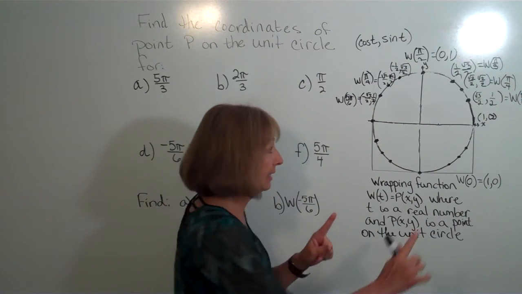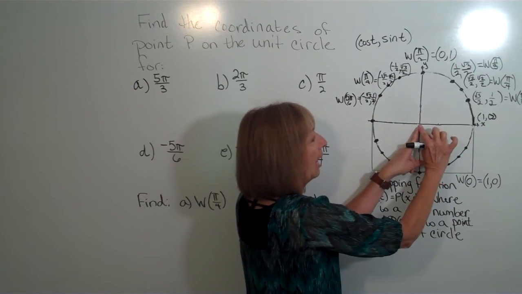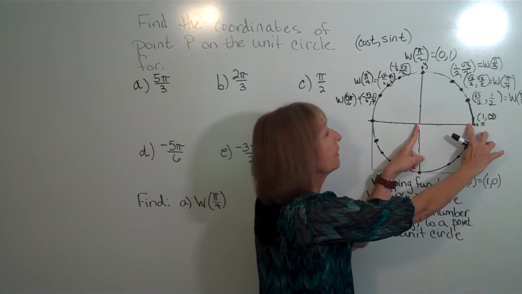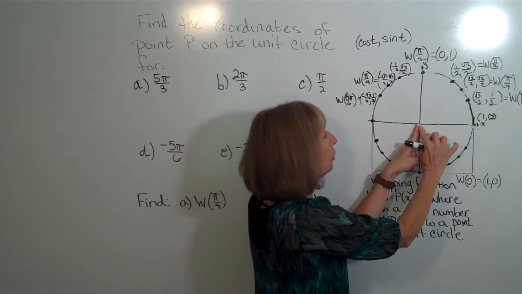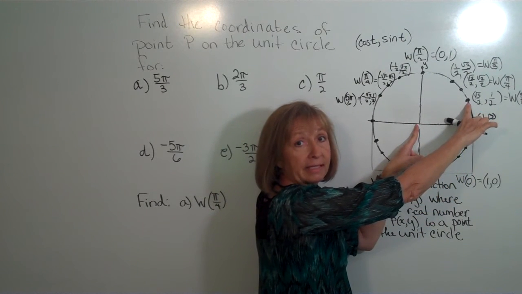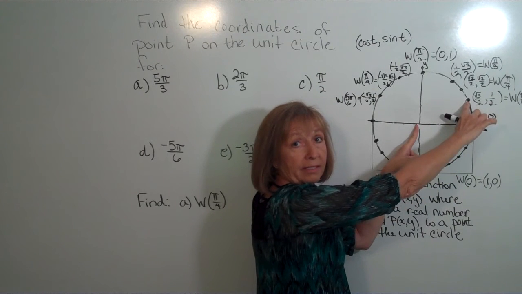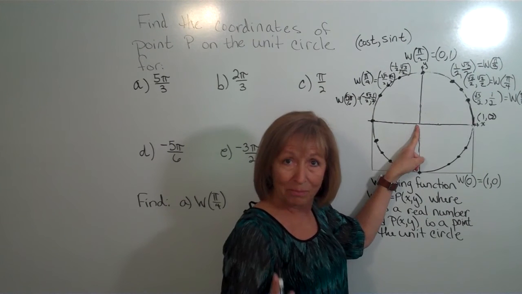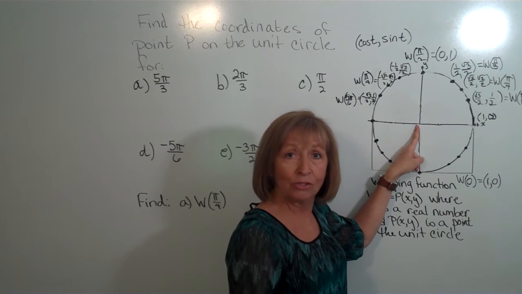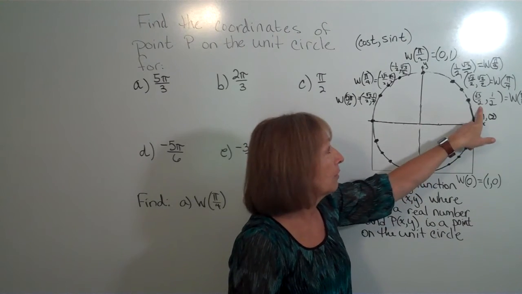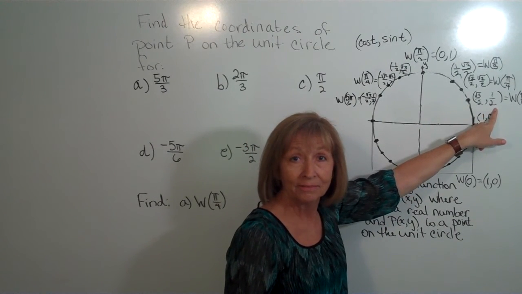Now, think about getting to this point. From the origin, I have to go more over than up. It's a longer distance over than it is up to get to the pi over 6 real number measurement of that angle. And so that x-coordinate is going to have to be the bigger of the numbers. And since the square root of 3 over 2 is the bigger of the numbers, that ordered pair is going to be the square root of 3 over 2, comma, a half.